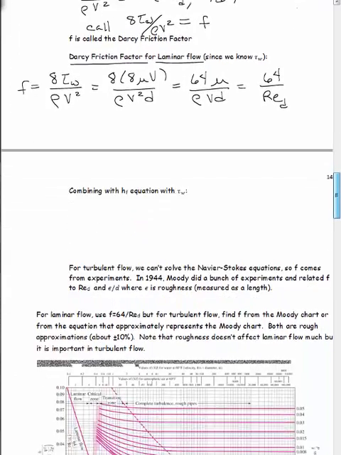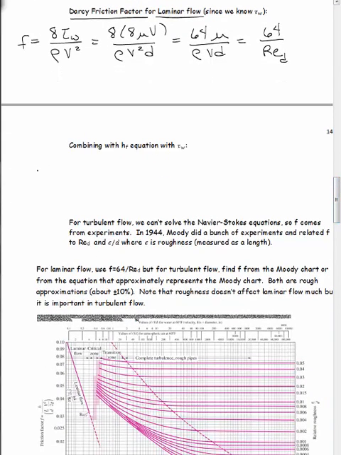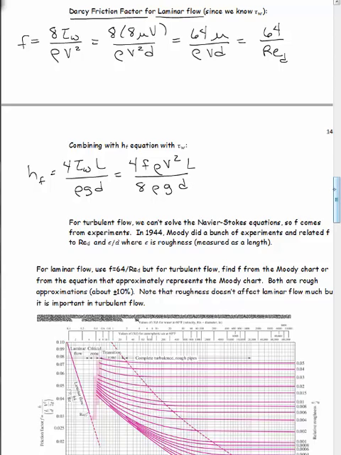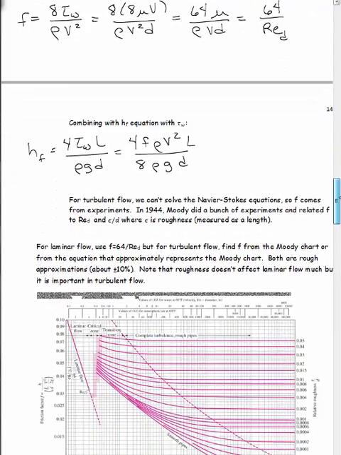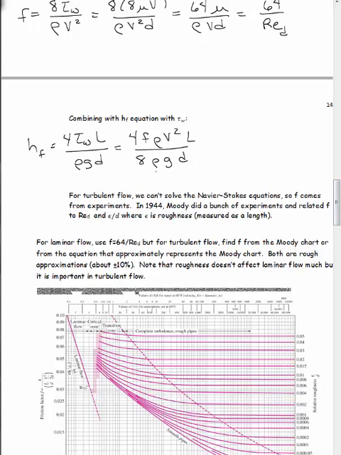Okay, now how does this then relate to HF? Well, we already found out that HF was equal to 4 tau the wall times L over rho g D. So plugging in our f here, we're going to get 4 f rho V squared L over 8 rho g D. Now we can simplify this a little bit.